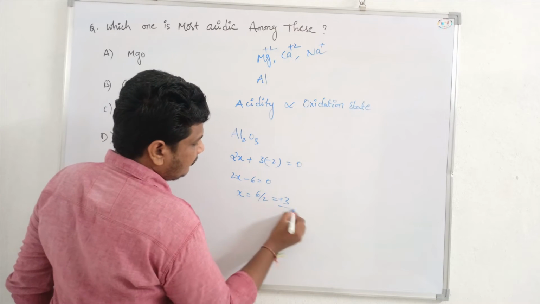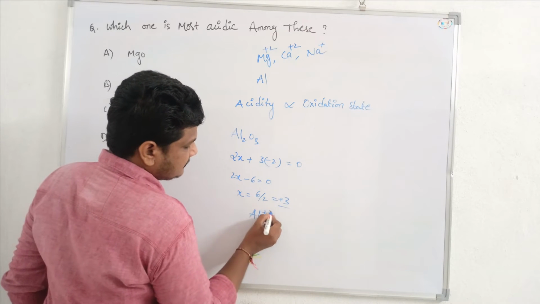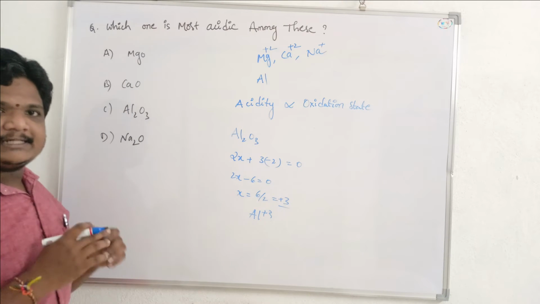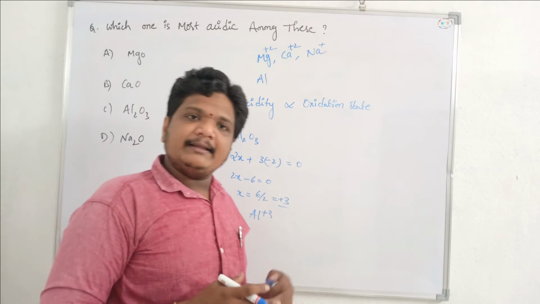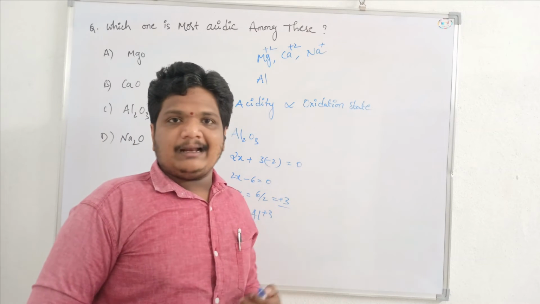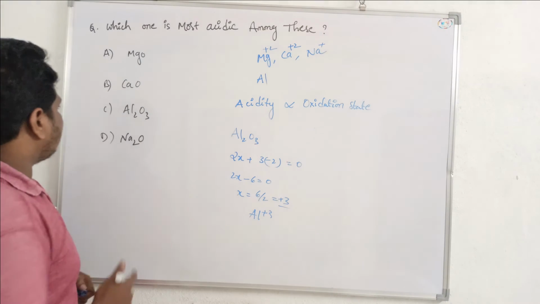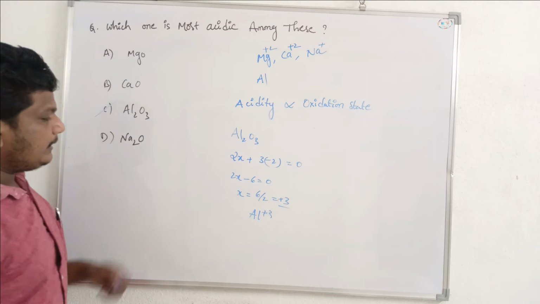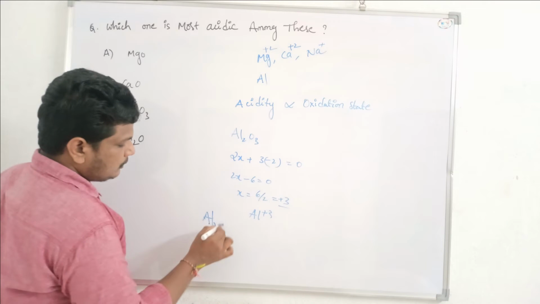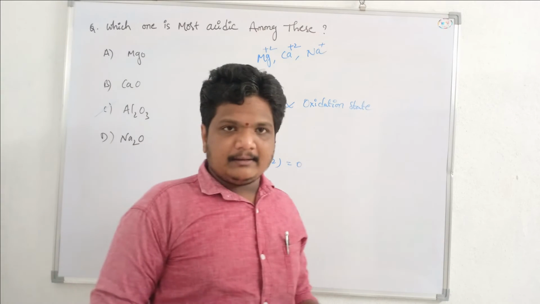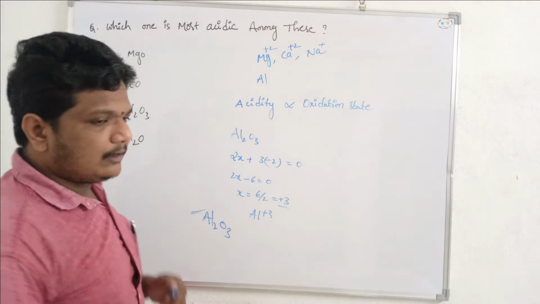So here we have Al plus 3 oxidation state, which is a higher oxidation state than the other metal ions. So that's why the correct option is C, Al2O3. Al2O3 will have more acidic character than the remaining oxides.